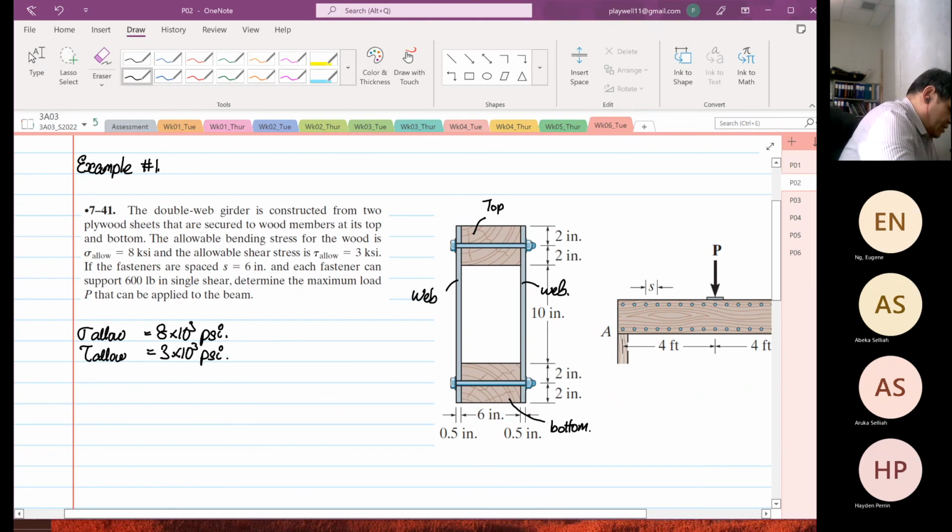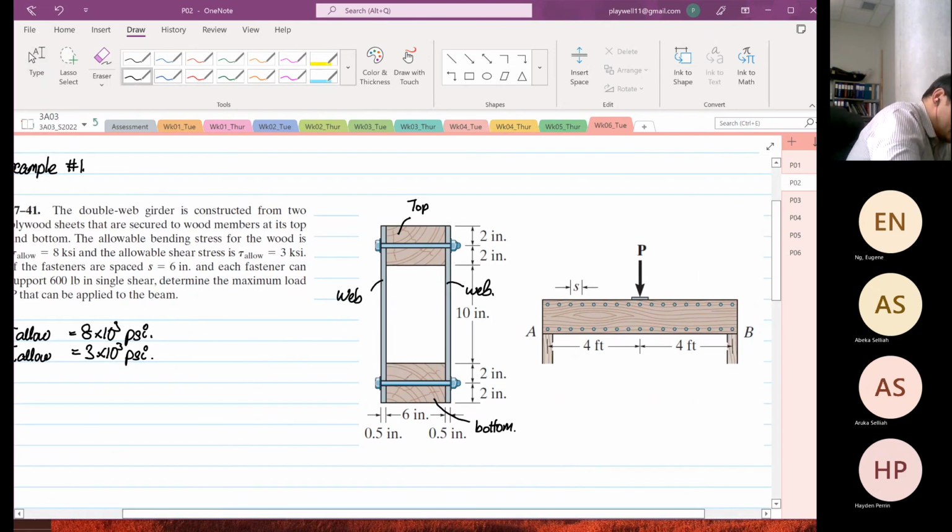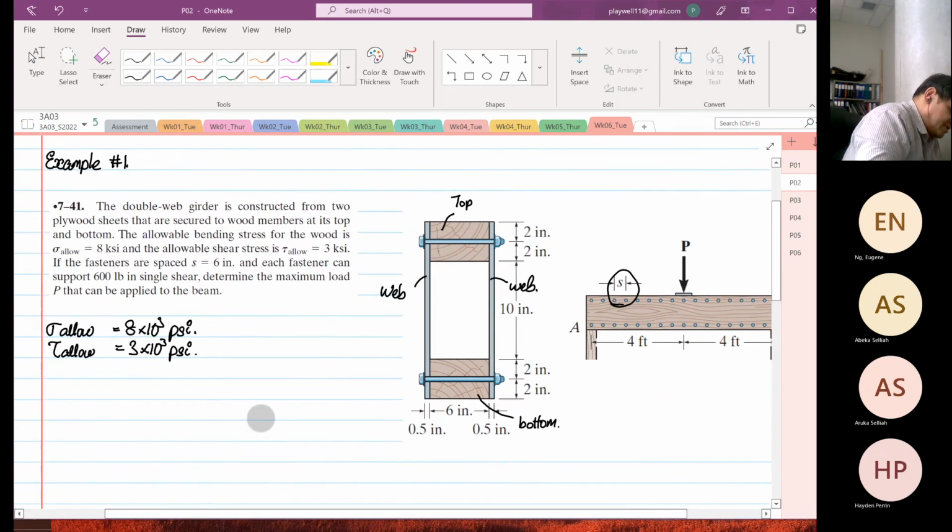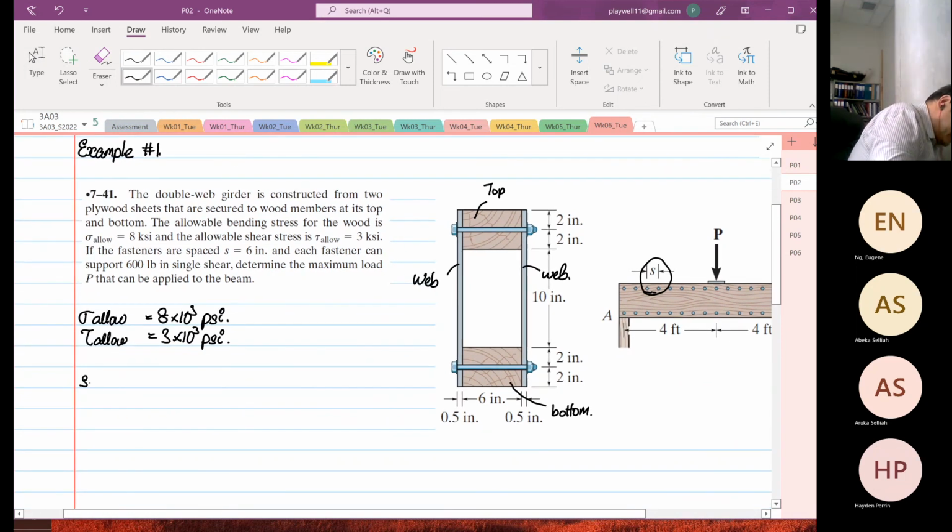If the fasteners are spaced 6 inches, as you can see, in the cross-sectional view the spacing is 6 inches, and each fastener can support 600 pounds.